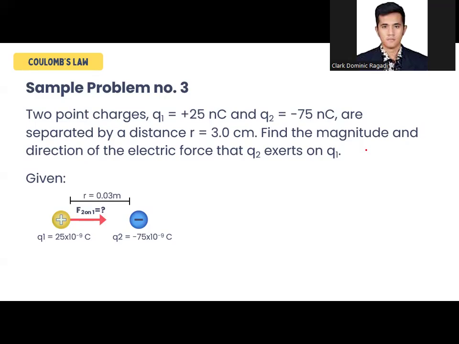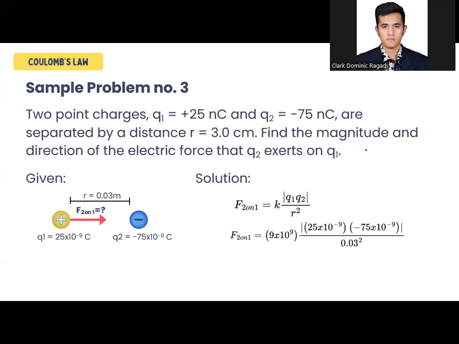As you can see, the direction of our force is towards charge 2 because positive and negative charges attract each other. To calculate, we use Coulomb's law, then input the given. We arrive at the answer 0.01875 newton, direction towards Q2.